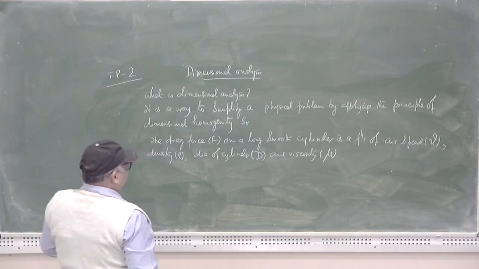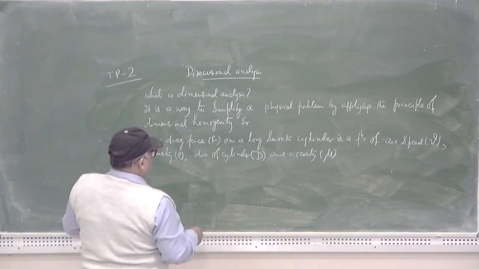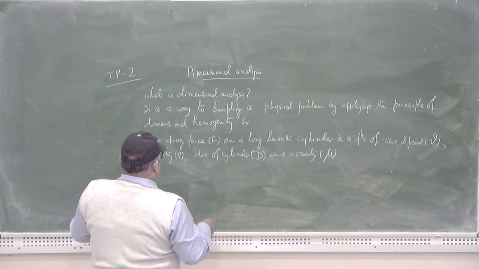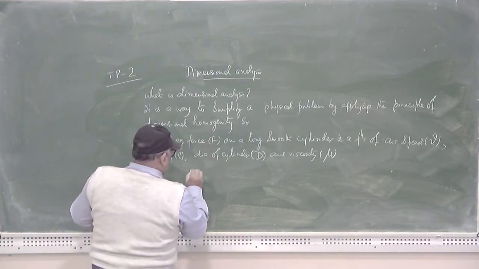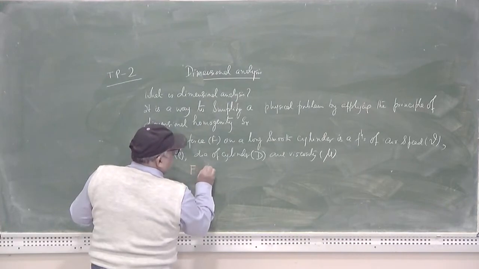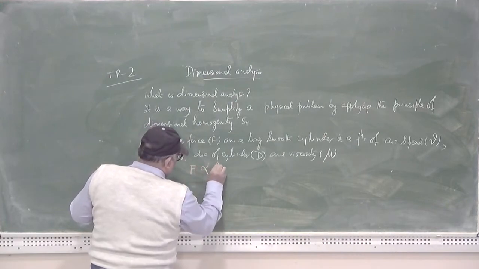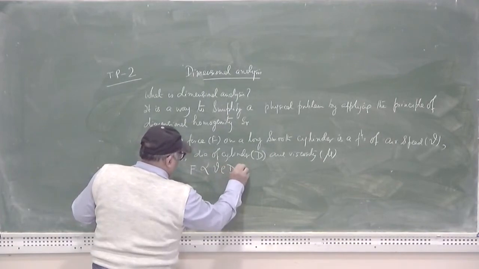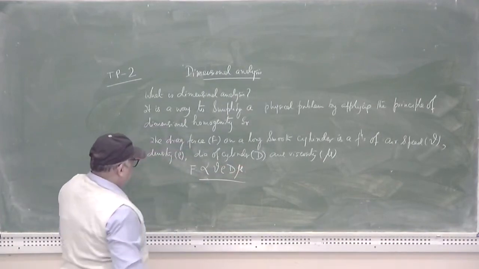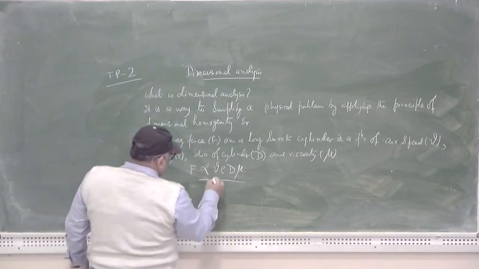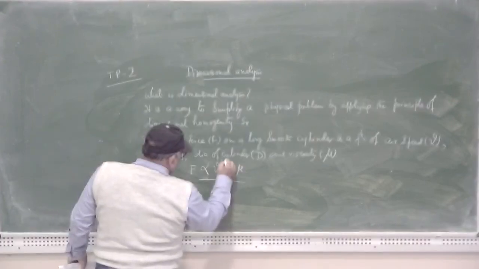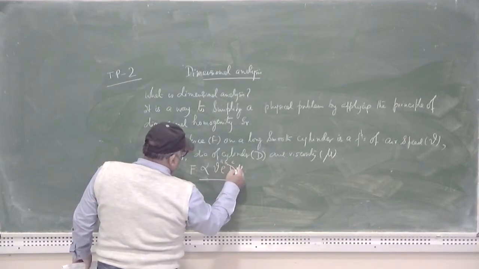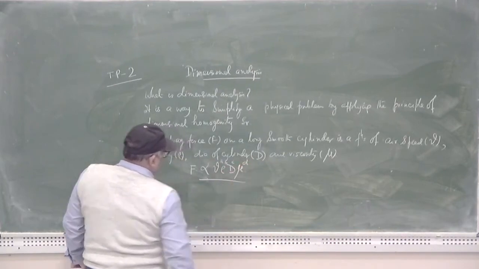That means you can say that F varies as v, rho, d, mu, or you can say v raised to the power a, rho raised to the power b, d raised to the power c, mu raised to the power d.